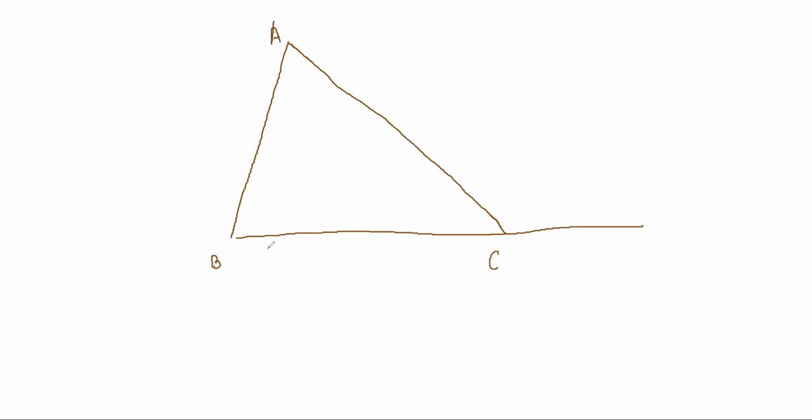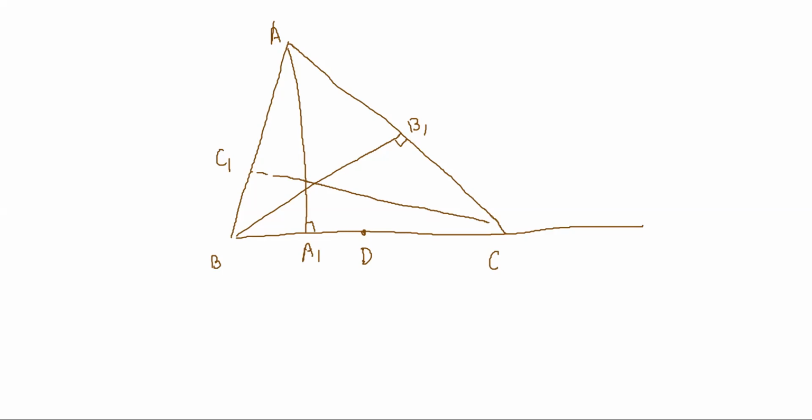B to B1 on this side, A to A1, this is A1, then C to C1, this is C1. And then we have midpoint D of AC somewhere here.